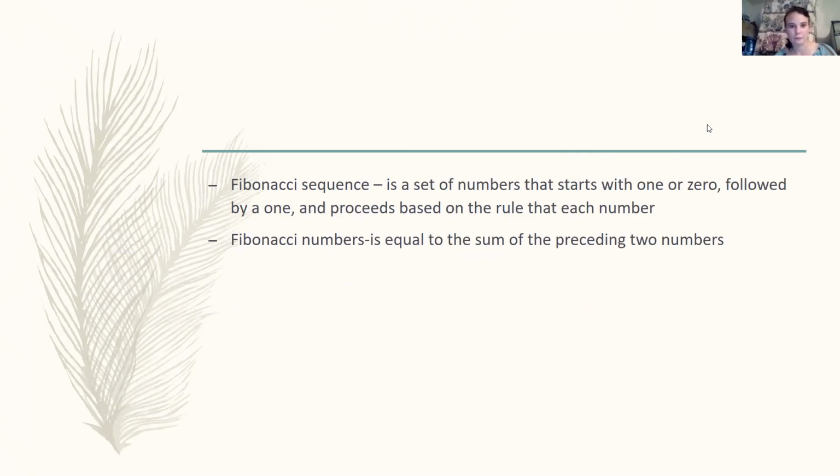Next, the Fibonacci sequence is a set of numbers that start with 1 or 0 followed by 1, and each Fibonacci number is equal to the sum of the preceding 2 numbers.